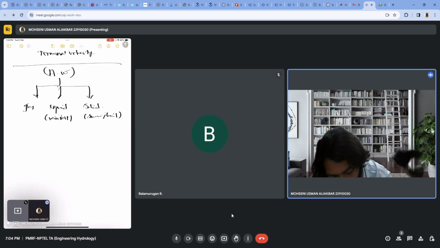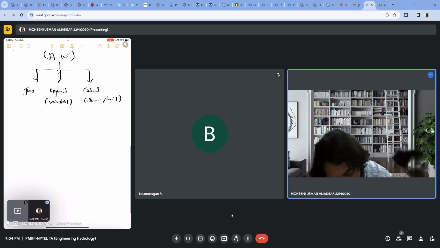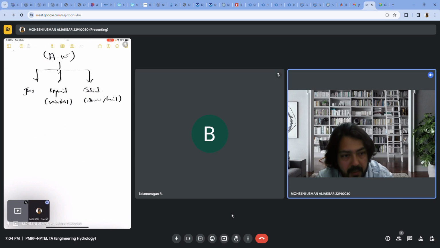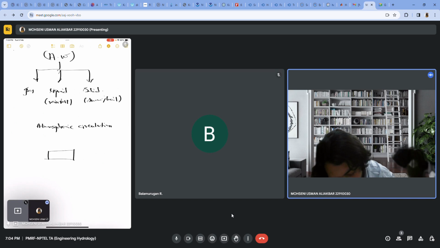But what we want to know is how the water circulates inside the atmosphere, and this phenomenon is called atmospheric circulation. If we understand atmospheric circulation, we can understand how water transfers from one phase to another. Let us look at this small diagram where at the center we have atmospheric circulation.